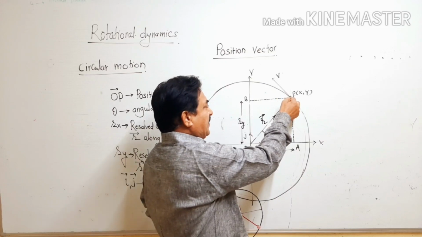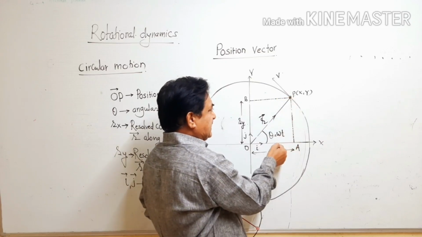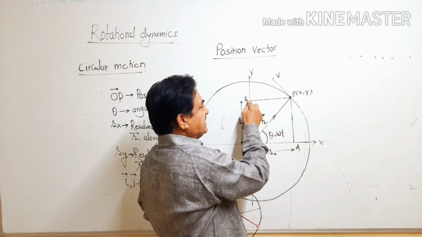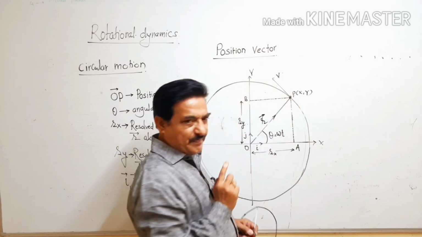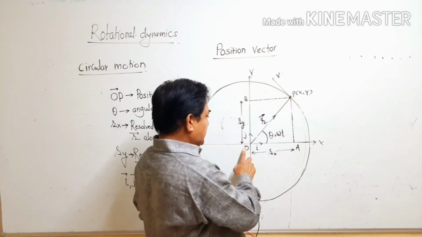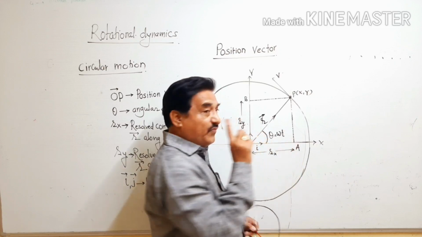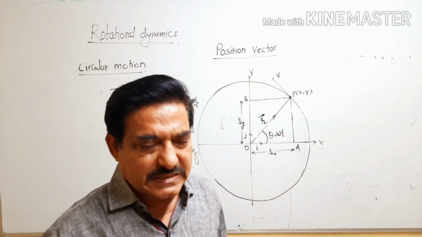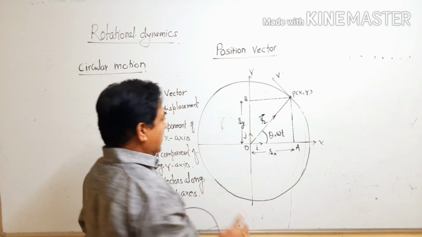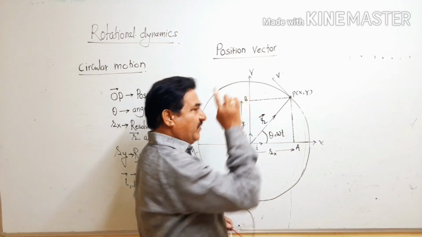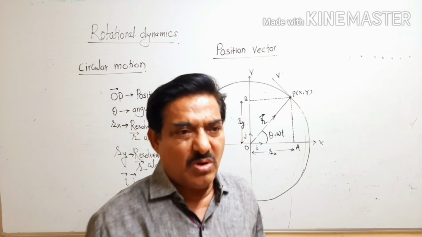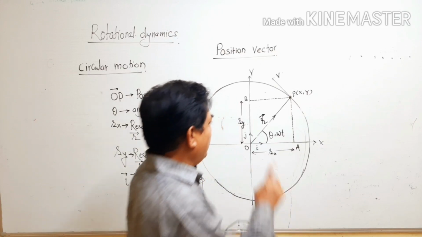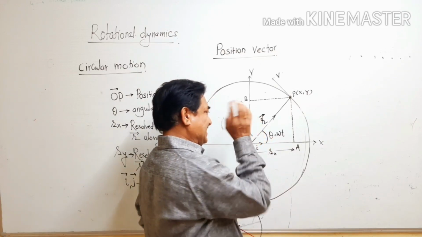Drop a perpendicular on the x-axis and y-axis from the point P. This distance OA will give the magnitude of the component of vector R along the x-axis, and OB will give the magnitude of the resolved component of vector R along the y-axis.